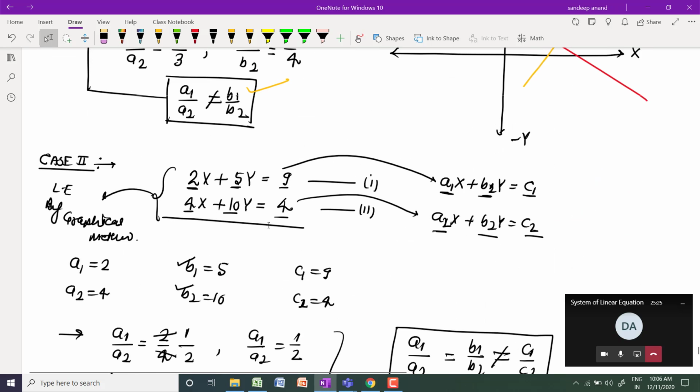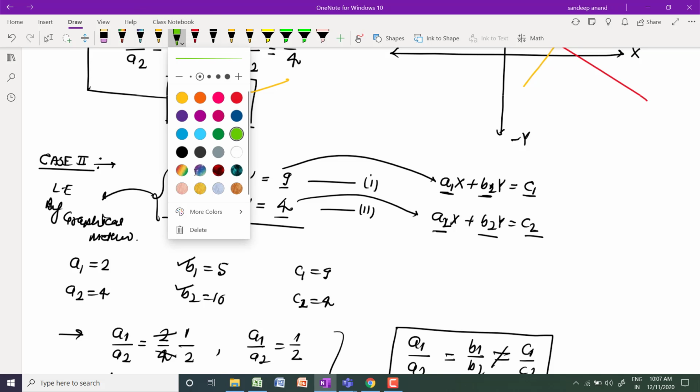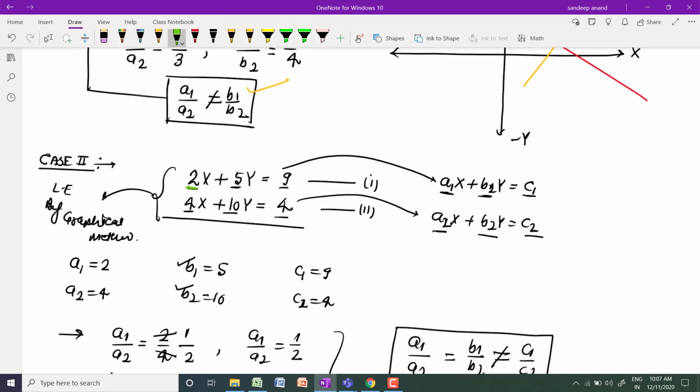But what happens in the elimination method? Suppose you want to calculate this by elimination method, why do you not find any value of x and y? The reason is very simple. Everyone knows the elimination method. For elimination, you need to make the coefficients equal. Here the value is 2, here the value is 4. If I want to eliminate x first, I need to multiply this equation by 2, so that this makes 4.